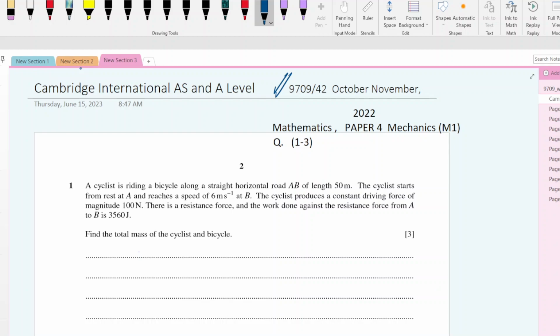It is from Cambridge International AS and A Level. I am at question 1.